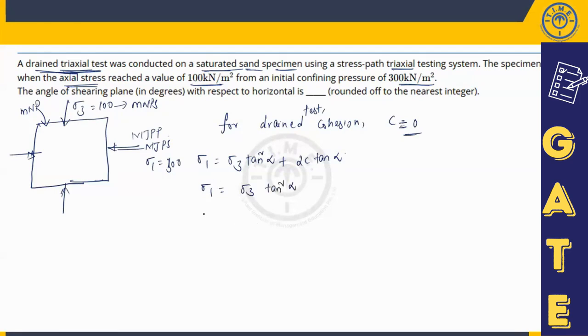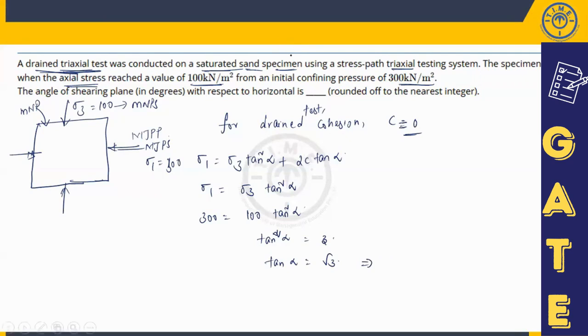Sigma 1 is 300, sigma 3 is 100, so tan square alpha is 3. Tan square alpha equal to 3 means tan alpha equal to root 3. So tan alpha is root 3 at which angle?